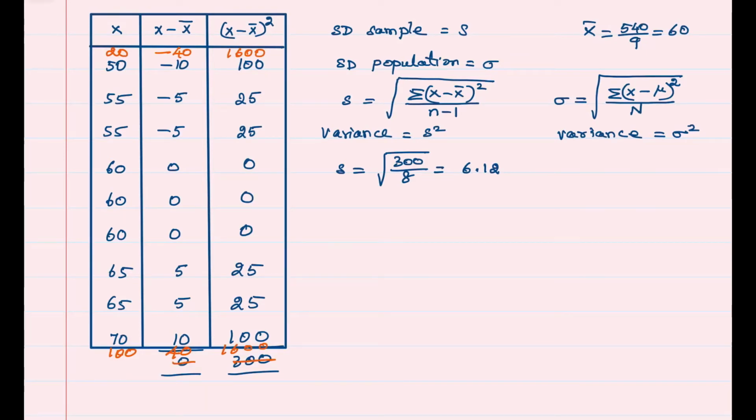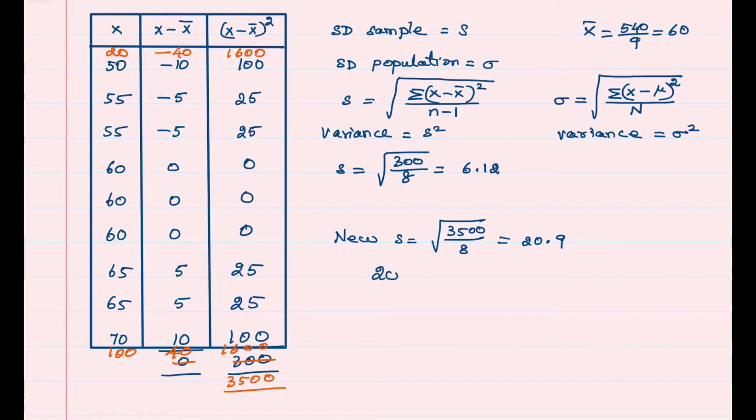Now the last column's total becomes 3500. Let us calculate the standard deviation for the new data, which will be the root of 3500 upon 8, and this value is 20.9, because in this new data the values are scattered, the deviations are more.